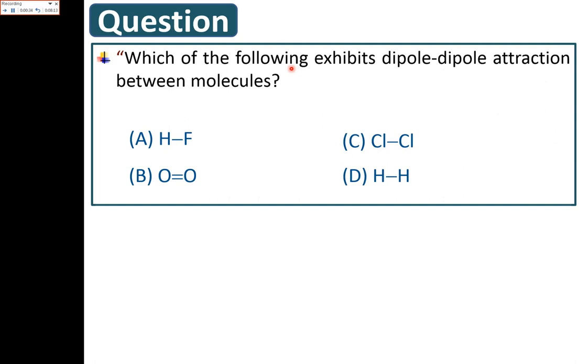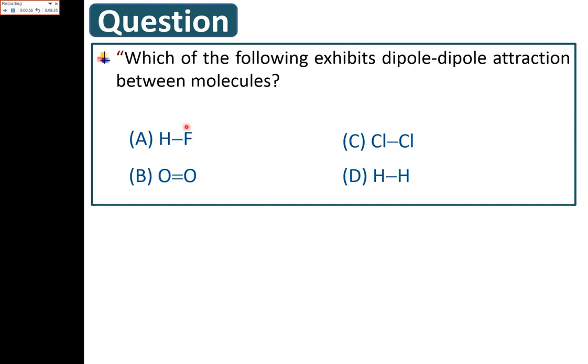Of course, as you can see here, oxygen, chlorine and hydrogen are diatomic molecules or homonuclear molecules. They do not have any difference in the electronegativity of the composing atoms.